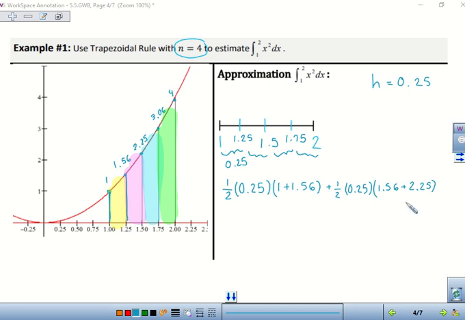And then the next one, same idea, 1/2 times 0.25, and then it's going to be the other two ends here, 2.25 plus 3.06.